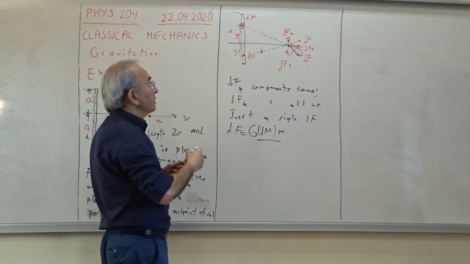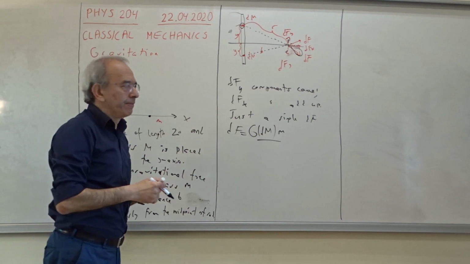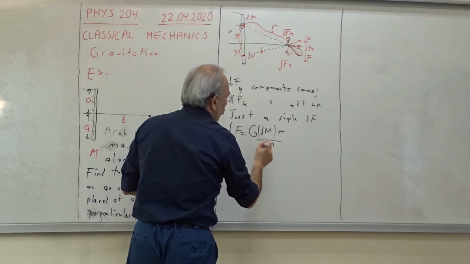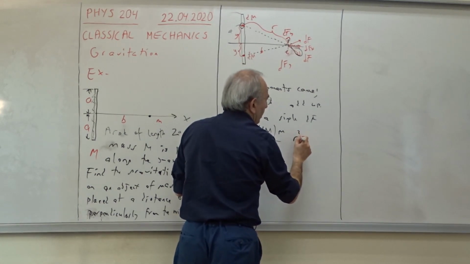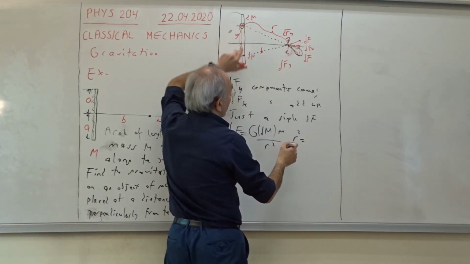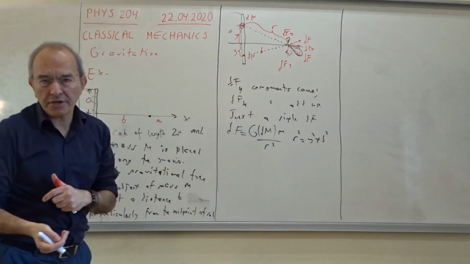What is that distance? It is that distance. Let me now call it r. The distance is r squared. What is r squared? r squared is just from this right triangle, y squared plus b squared. b is constant, y is variable.